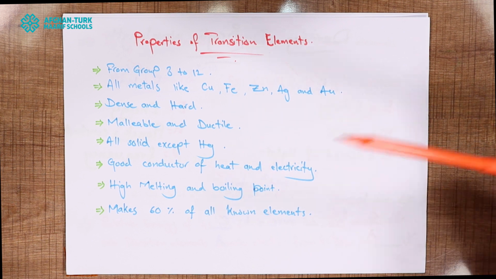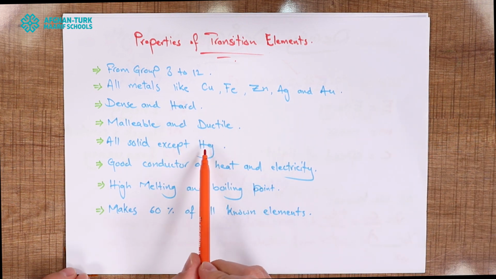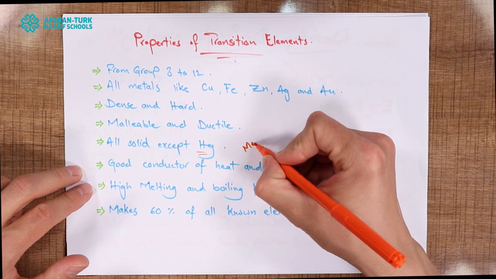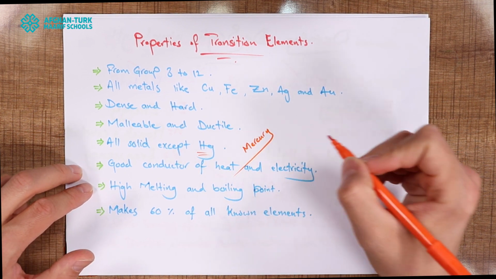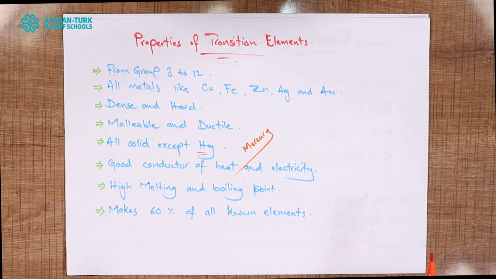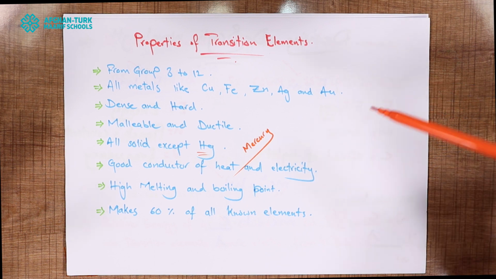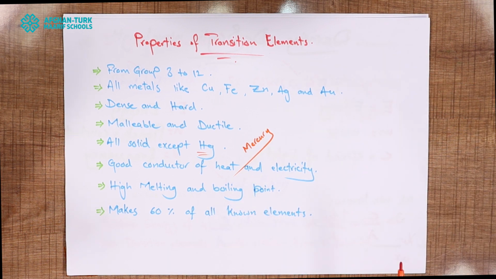And all of them are solid, except Hg. What's Hg? It is mercury. Except mercury, all of the transition elements are solid. So remember this. And one of the properties of metals, and most of the good metals are situated in the transition elements, is that they are good conductors of heat and electricity.